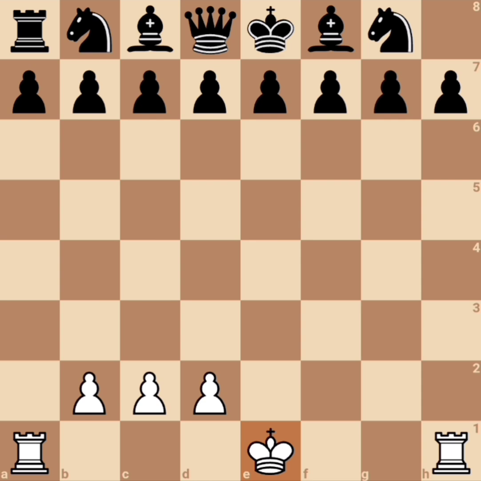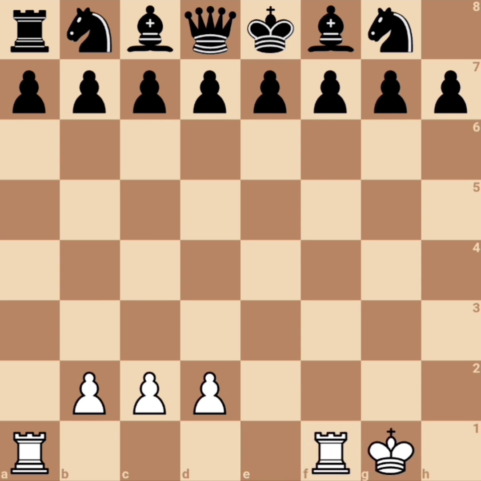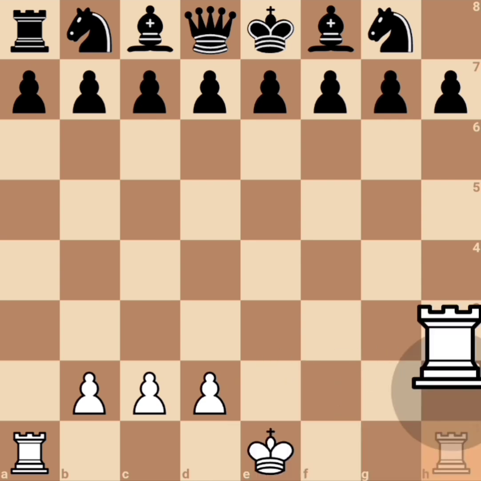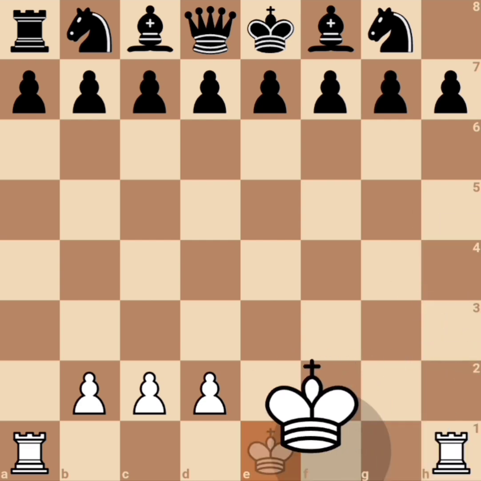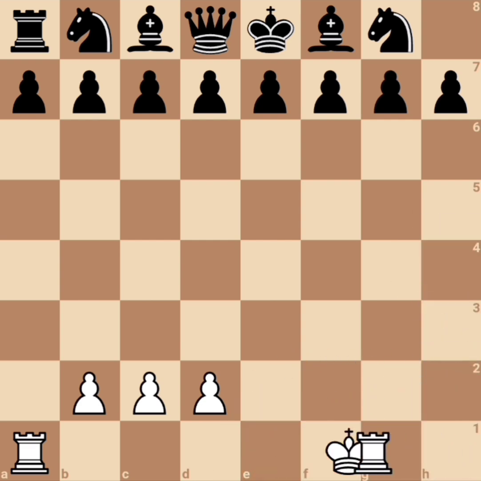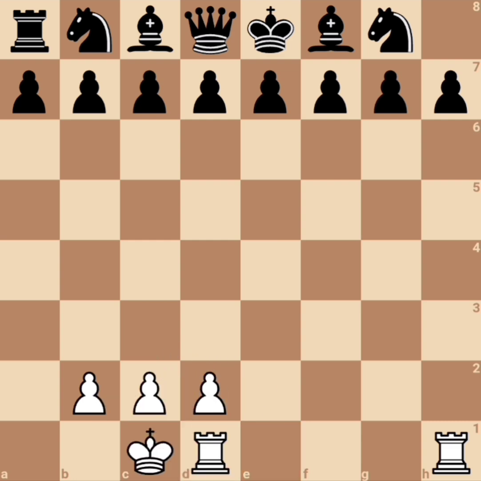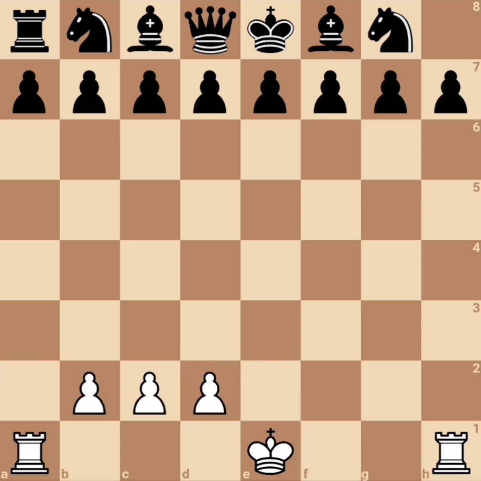Let's say there was a movement of this particular rook, then the king cannot castle on the king side because the king side rook has already moved. But the king can castle on the queen side. Now let's say the queen side rook has been moved. Now the king cannot castle on the queen side.